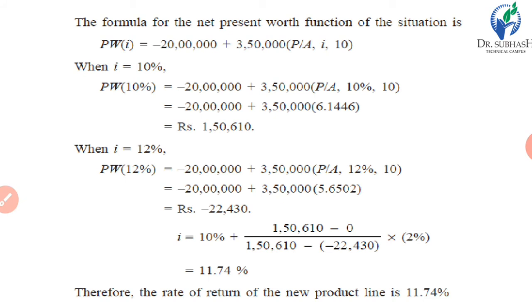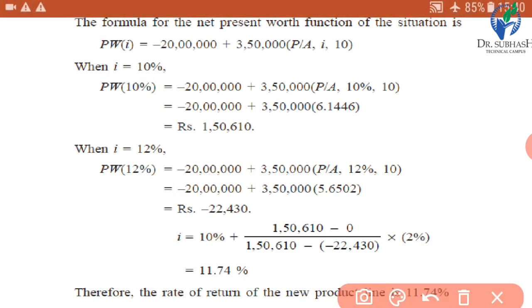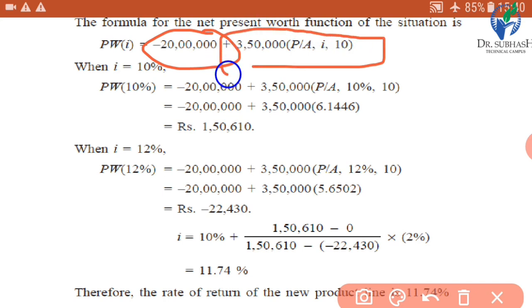Now the formula for the net present worth function of the situation is: we have to put first value as minus 20 lakh plus 3,50,000 for 10 years. Okay.